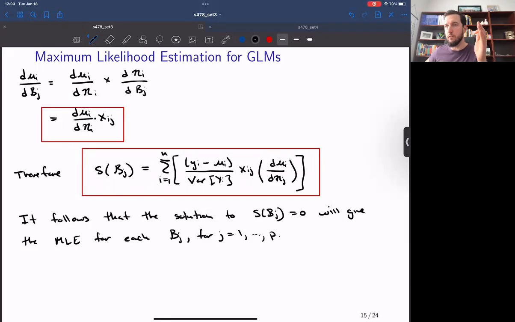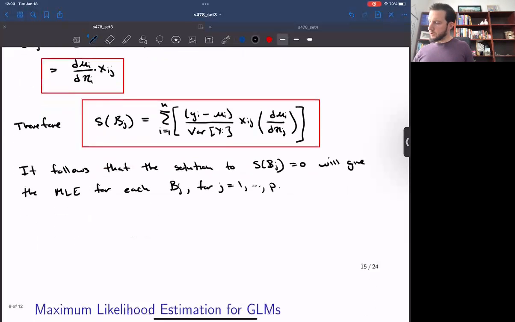Or we can take the score function at beta j and divide by the information function at beta j, take the ratio and use that to nudge the estimate. So we're going to work through the second approach. We're going to derive an expression for the information function, and then establish what our Newton-Raphson algorithm is going to look like for these beta j.